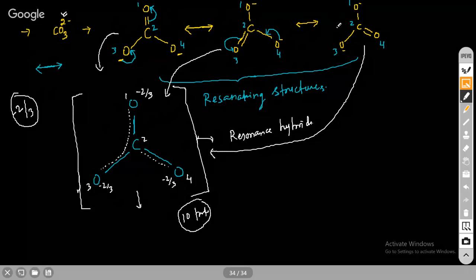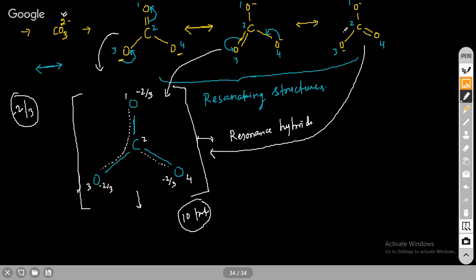Now, it is possible that one resonating structure will contribute maximum and another contributes minimum, right? Or another possibility is that all resonating structures contribute equally, right?